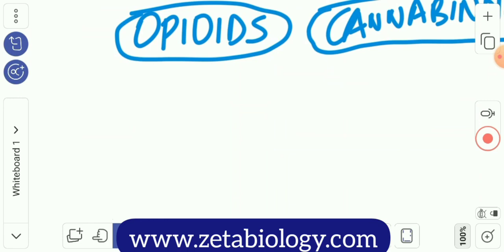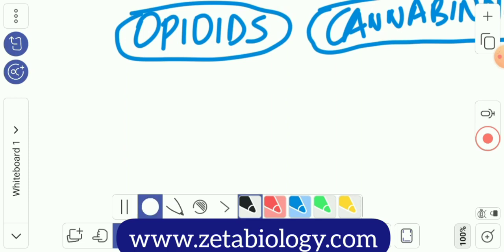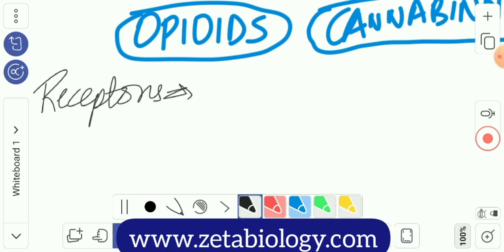So, opioid receptors are present in CNS and GIT.